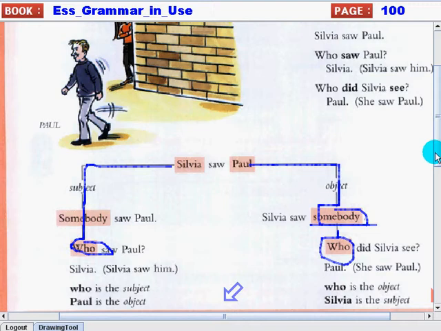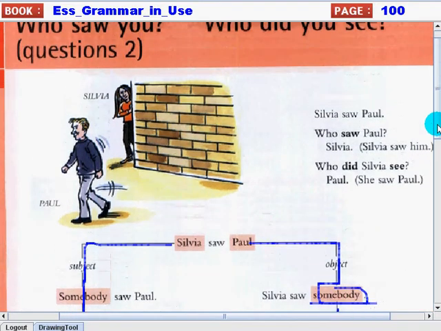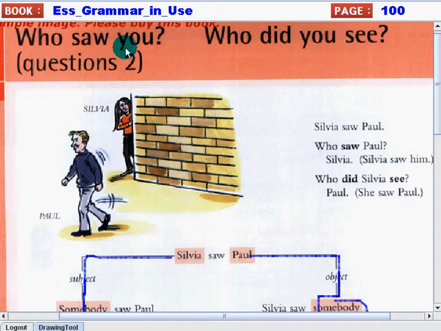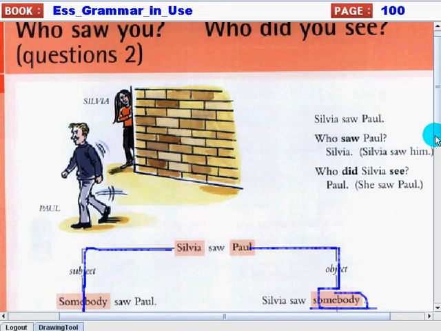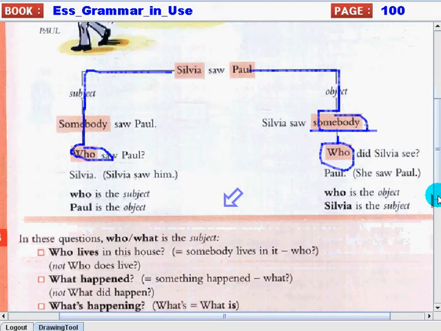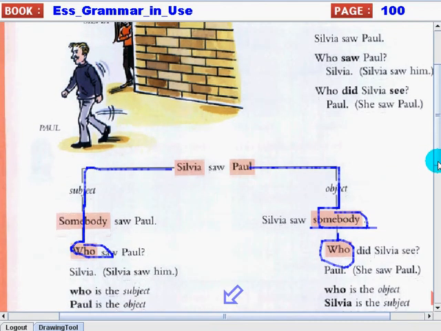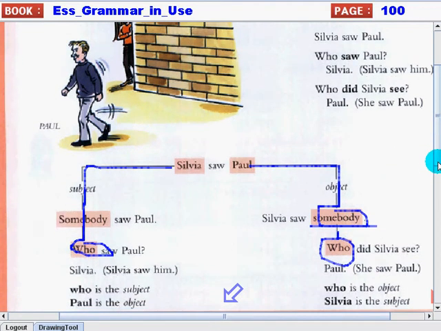In our lesson today, it's not just about these questions. Who saw who, right? Or who did someone see, alright? It's not just these sentences, but we learned what is the purpose of the subject and what is the purpose of the object, okay?